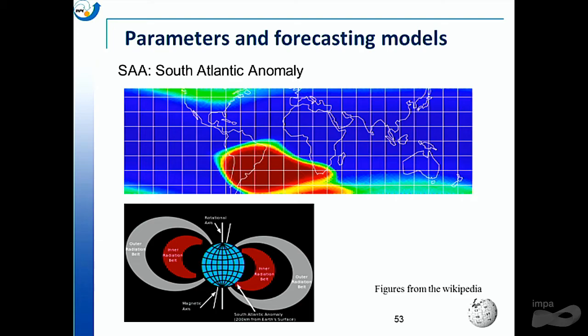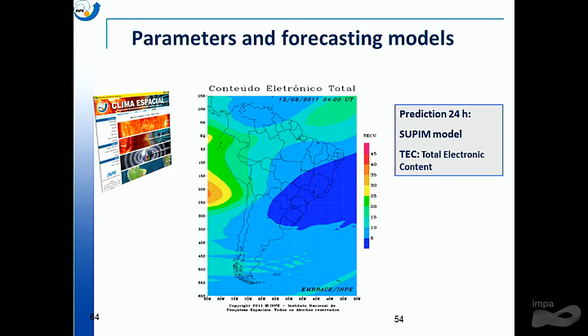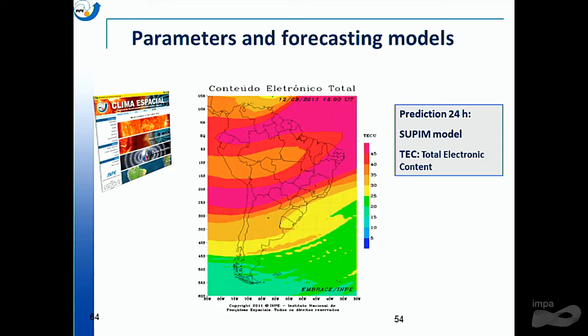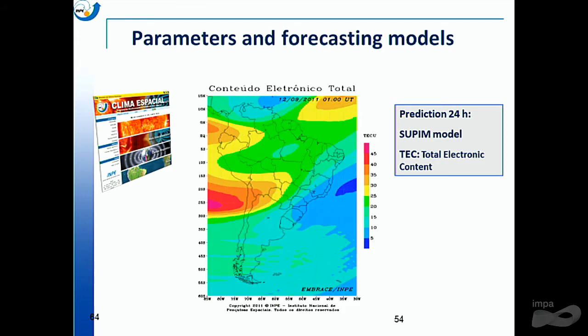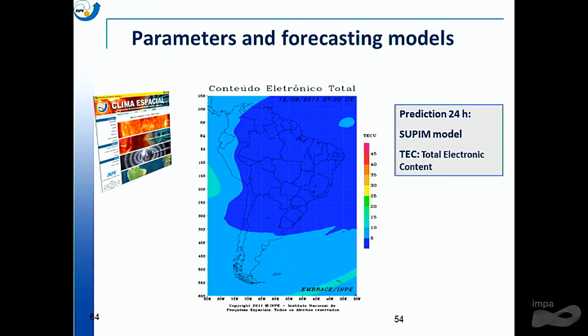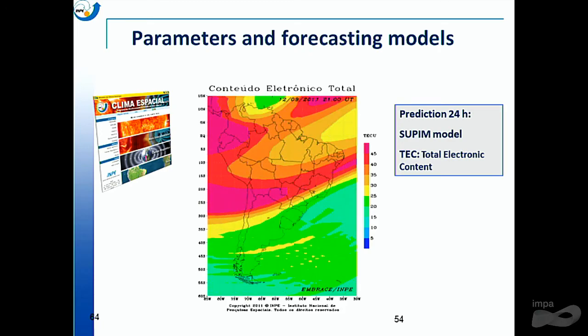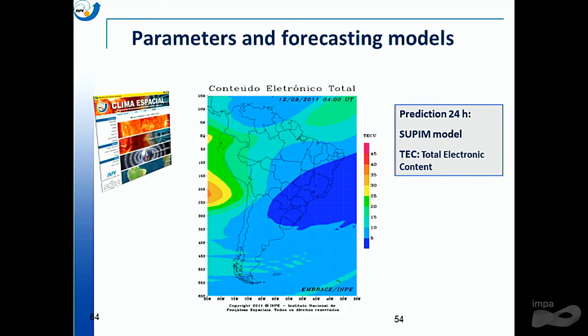Actually, this is from some years ago, but now this anomaly is over South America, most of it over Brazil. And well, we try to have some forecasting using the SUPIM model for 24 hours ahead, visualizing the total electron content of the atmosphere.